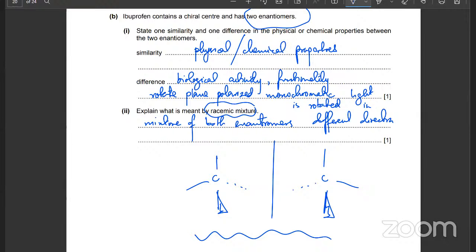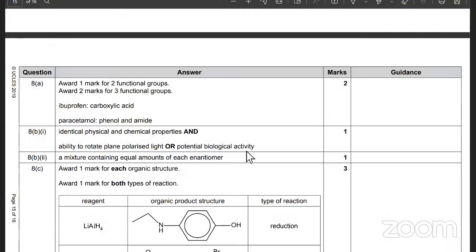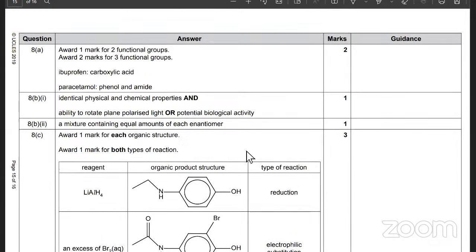Let me open the marking scheme for this as well, just to check the wording. The wording is going to be a mixture containing equal amounts of each enantiomer. So I think you should write equal amounts of each enantiomer.